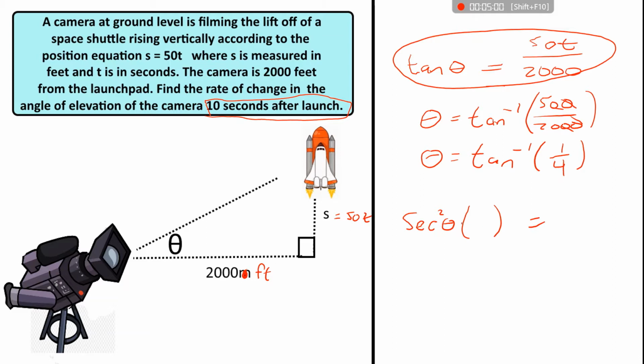But before I get to that, I've got the chain rule. If I derive tangent of theta, I'll get secant squared theta times d theta over dt. Perfect.